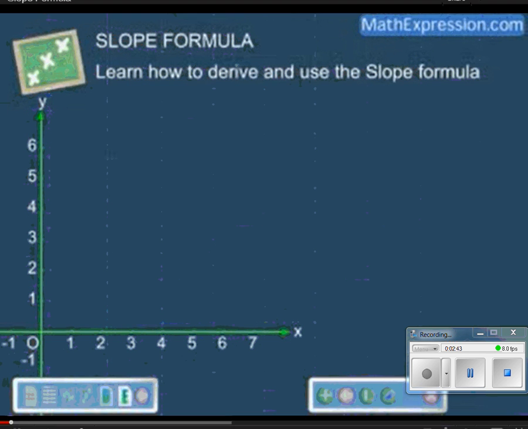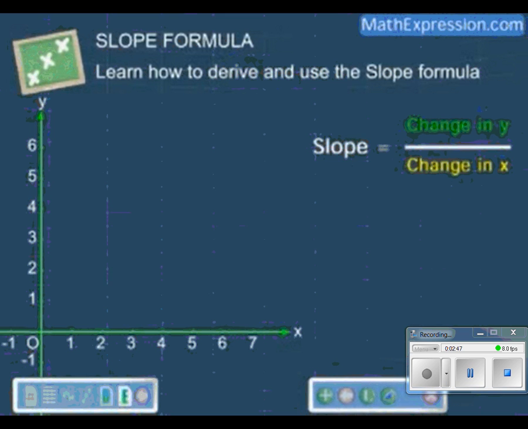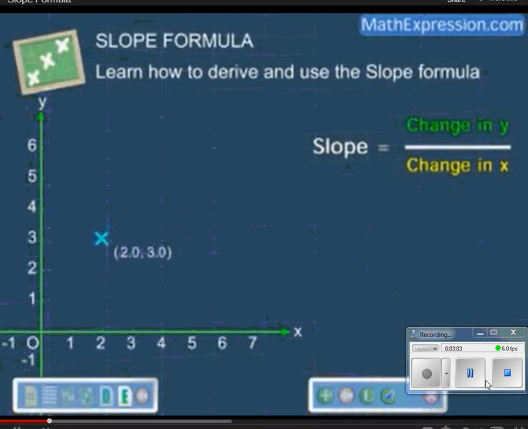In this lesson, we will learn how to derive and use the slope formula. From the previous lesson, we learned that the slope of a line is equal to change in y divided by change in x. Using this definition, we can now derive the slope formula. Let's put the first point on the coordinate plane.